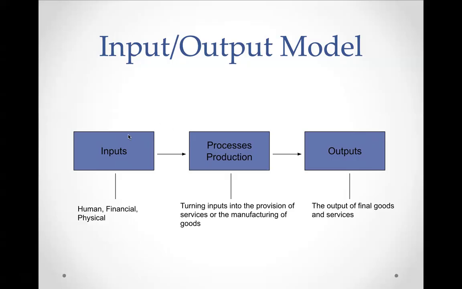In terms of services, however, we are looking at maybe more, still having the human, financial, and physical, but the physical would be more of the physical evidence or the things that the business has. The processes might be how quickly you get through the service, how efficient it was, how much wait time you had, and then your outputs.